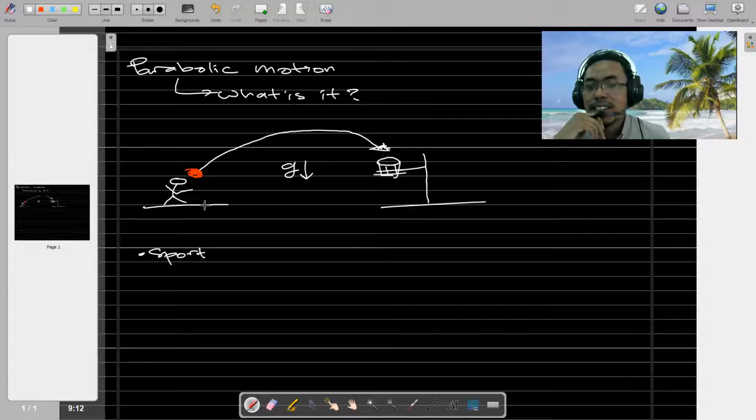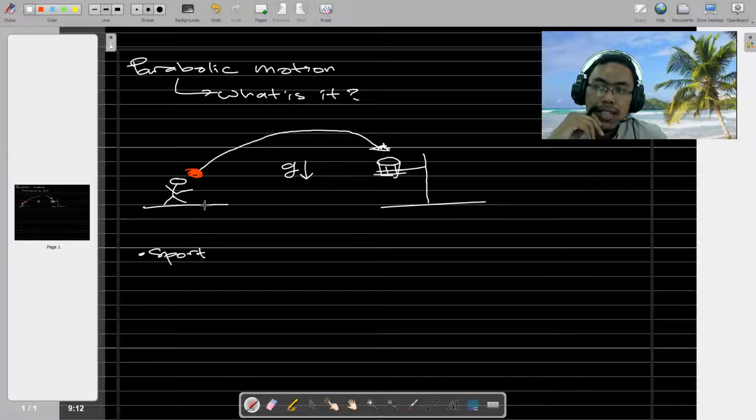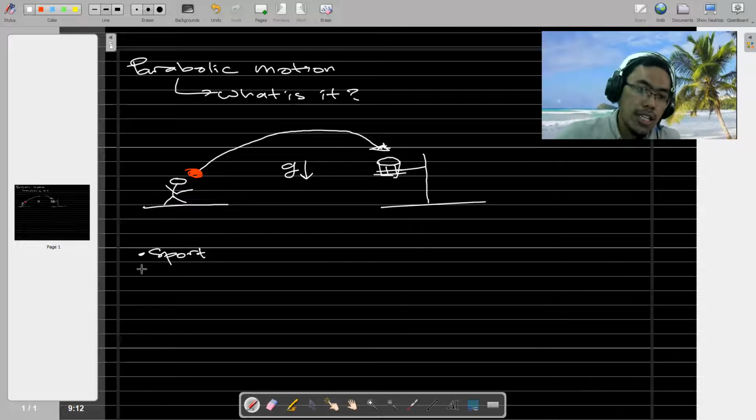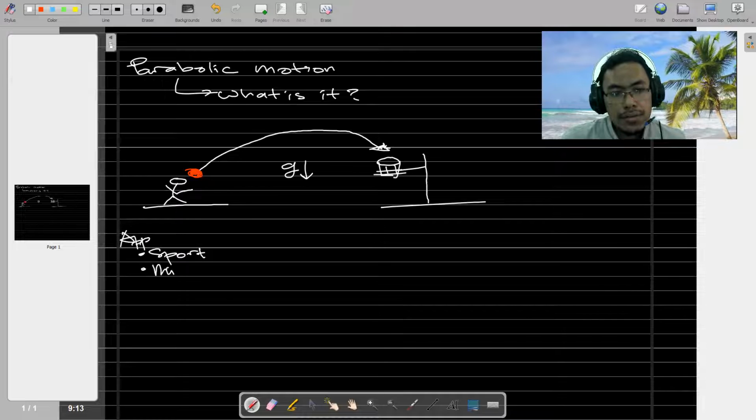But I think when you have a good feeling, you don't have to use any calculation to throw the ball so that it enters the basket ring. So that is sport, but this calculation will be very helpful if you are working in the military sector. So that is another application.